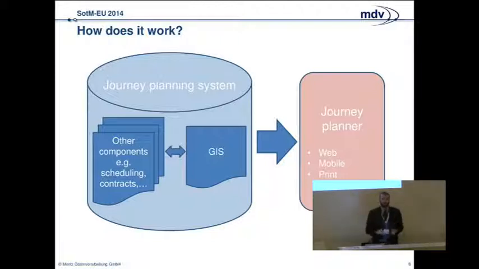We have our own format in which the data is transformed so that we can then use it in our system. And this journey planning system is then used to provide the output for the journey planner. These are the tools that the end users use, like the web tools. We have mobile applications, but we still also have print products, of course.